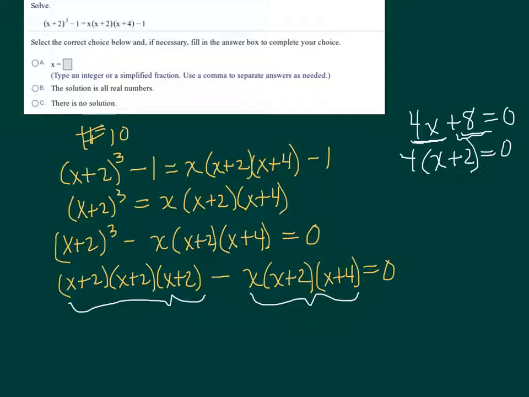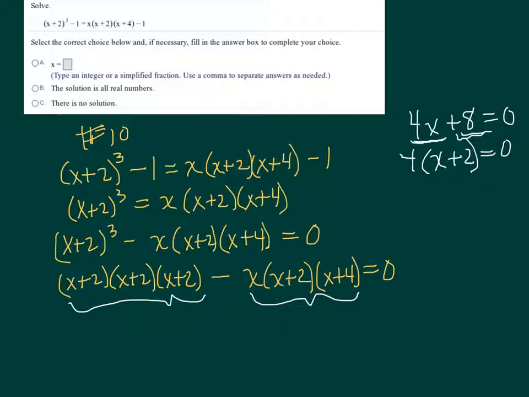Well, we can take that same thinking into our problem. We can look at these two terms and ask ourselves, what factors do they have in common? What's their greatest common factor? And what I see, and I hope you do as well, is that there's an x + 2 in this factor and an x + 2 in this factor.